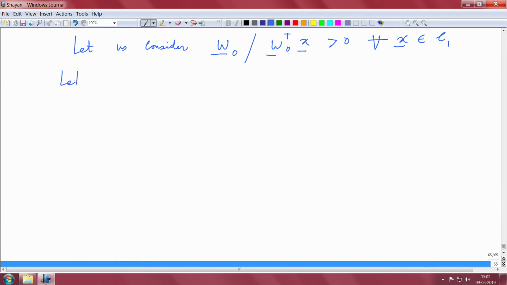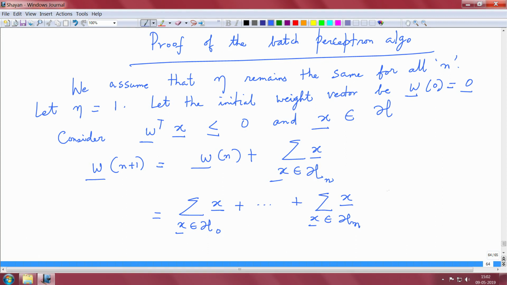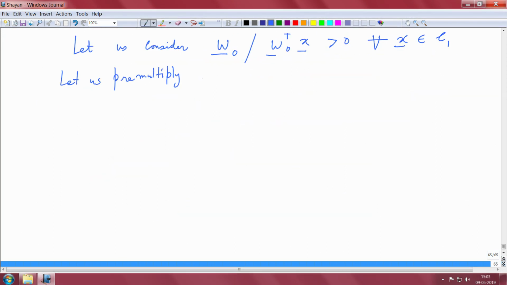Now, let us pre-multiply the equation that we had, W of n plus 1, right. So, let us pre-multiply this equation, I call this equation A. Let us pre-multiply equation A by W naught transpose.